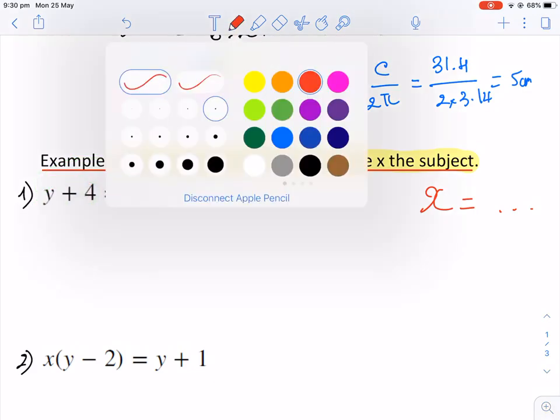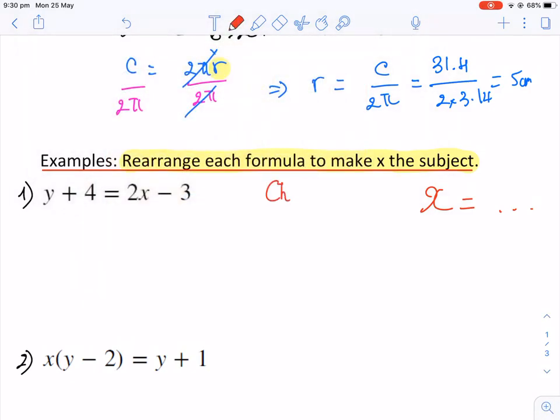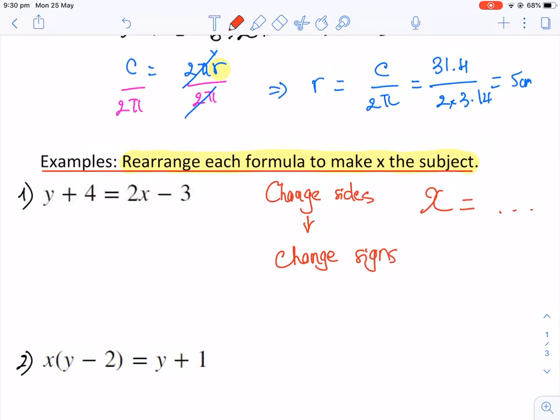And remember, in algebra, when you move a term across, you have to change the sign in front of the algebra expression. For example, this one is your left-hand side and this one is your right-hand side.